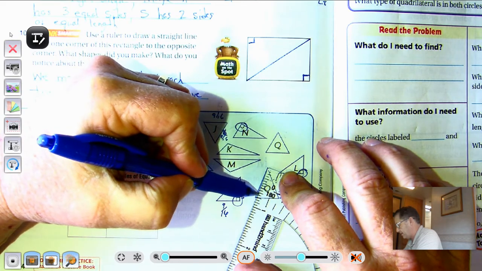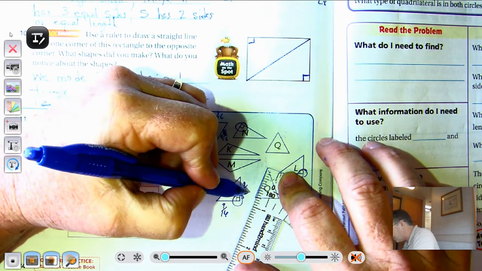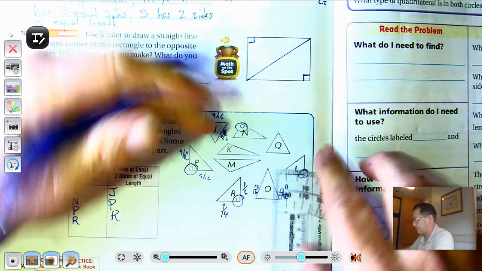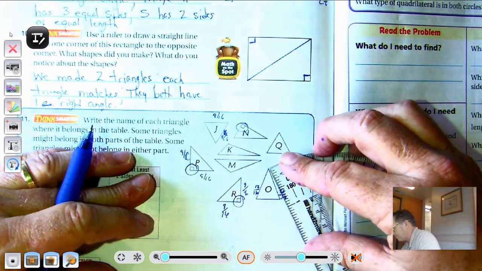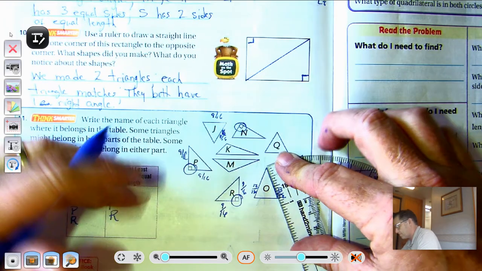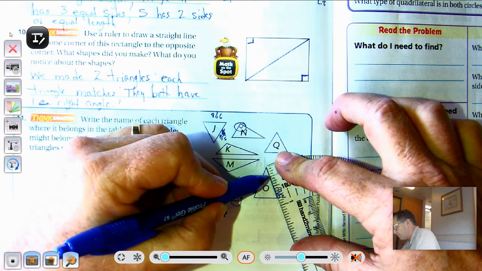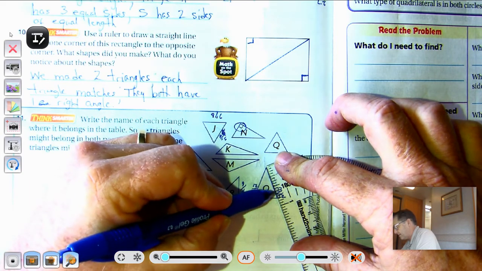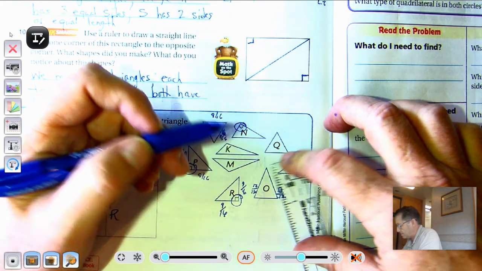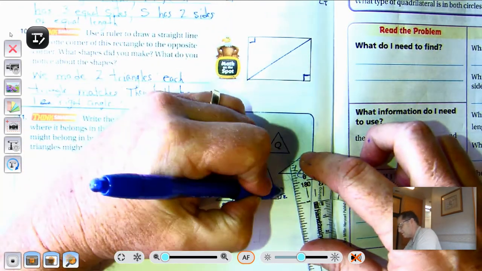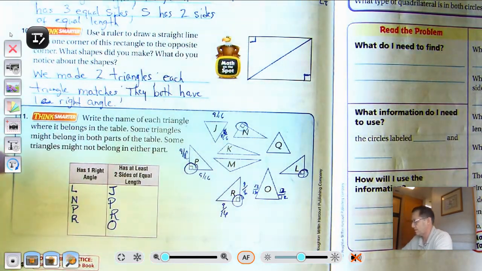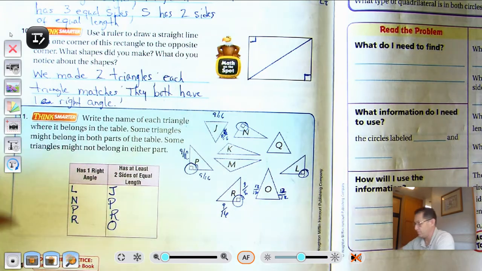Let me try this one again then. 1, 2, 3, 4, 5, 6, 7, 8. O, Q, all sides are equal in Q.